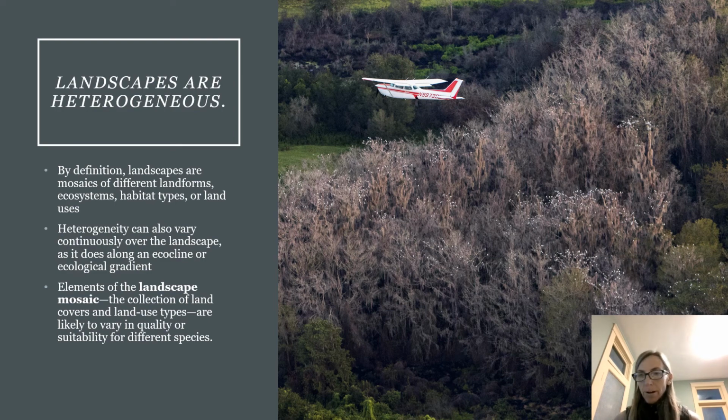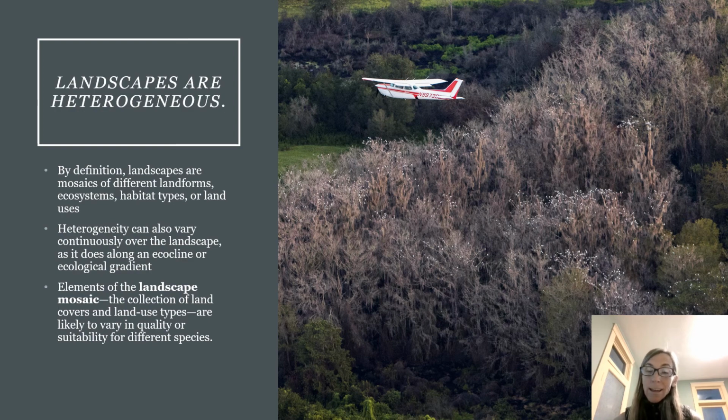And so we're going to go through just a few of these prevailing principles of landscape ecology that your book also touches on. Again, a lot of this next part of the lecture I did pull directly from the text, so you can cover this when you read as well. So landscapes are heterogeneous. By definition, landscapes are mosaics of different landforms, ecosystems, habitat types, and land uses.